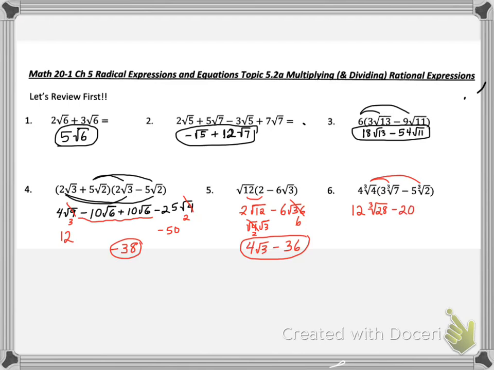And the cube root of 4 times the cube root of 2 would be the cube root of 8. To simplify, the cube root of 28 cannot be simplified any further, but the cube root of 8 is 2. So I can say the cube root of 8 is 2 times the 20 that I already have would be minus 40.